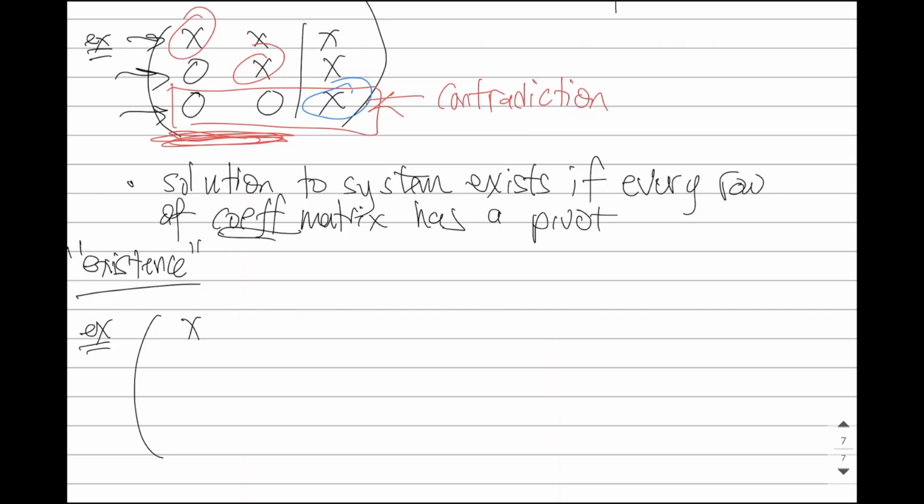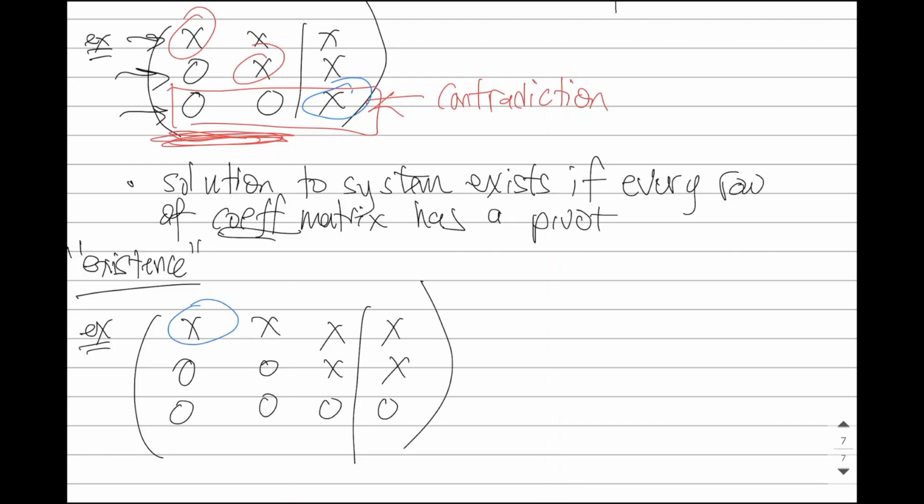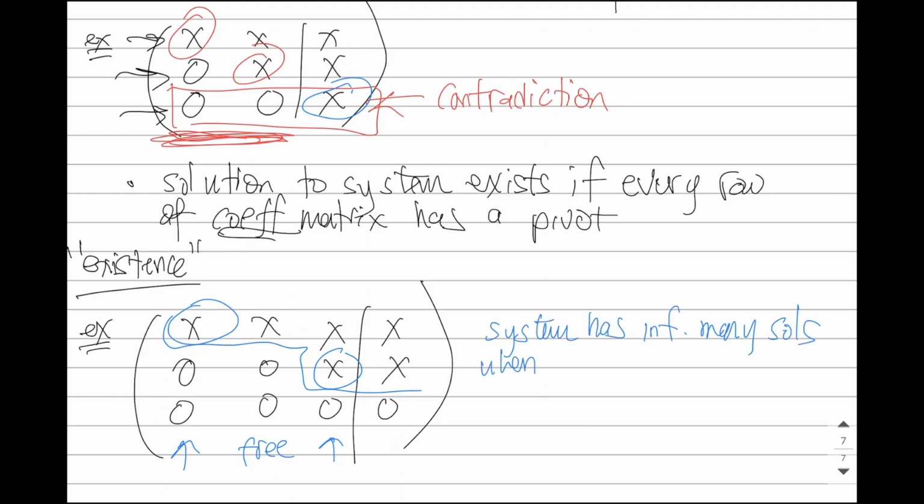The other kinds of things that can happen have to do with columns. For example, if I give you a system that looks like this, I have a pivot here and here. These are going to be basic, but right here I have a free variable. The system has infinitely many solutions when it has a free variable, that is, when you are missing pivots in some columns.